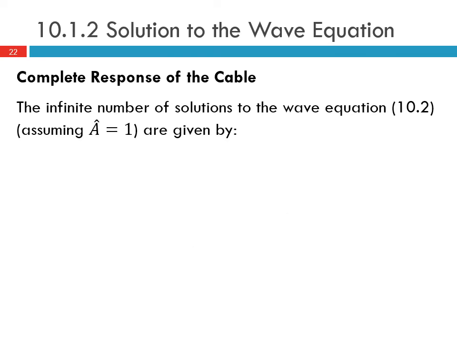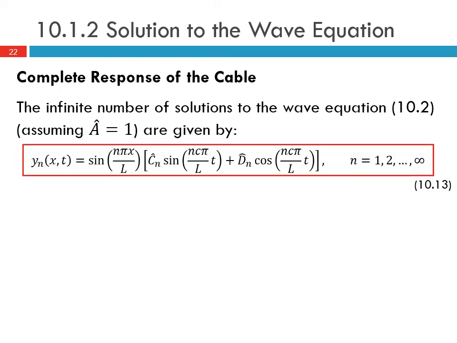Now, the complete response of the cable can be determined. So there's an infinite number of solutions to the wave equation that can be given as shown here, and we're assuming here that a hat is equal to 1 without losing generality.